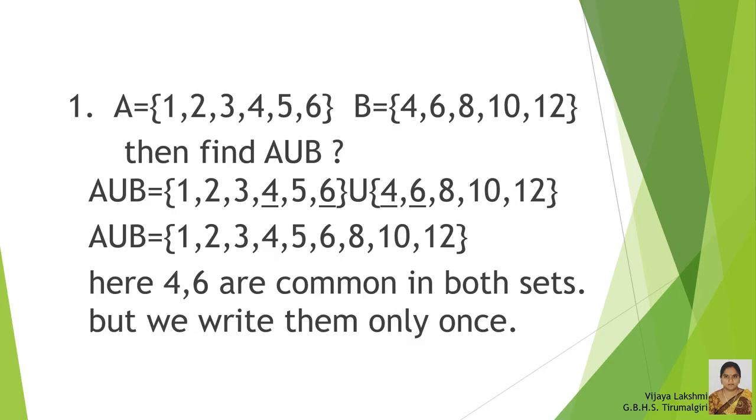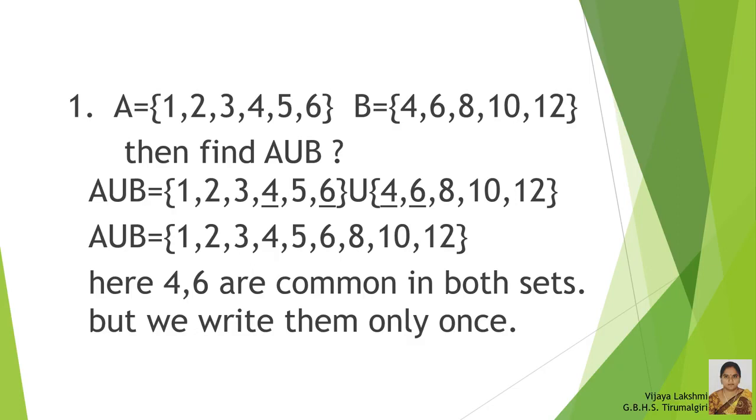Then find A union B. A union B is equal to, so we first write the set A with a symbol union and set B. So that is representing what is given in the problem. Then for A union B, we are going to identify the common numbers. So 4 and 6 are common in both the sets. 4, 6 are in A and 4, 6 are also in B.